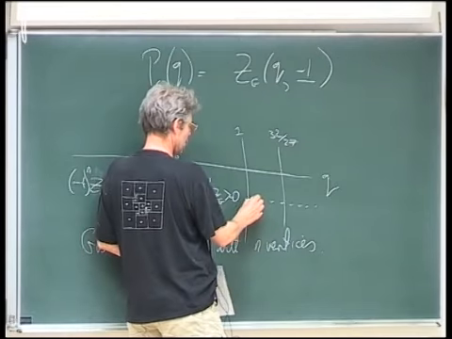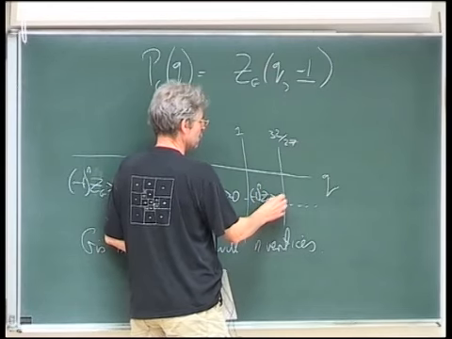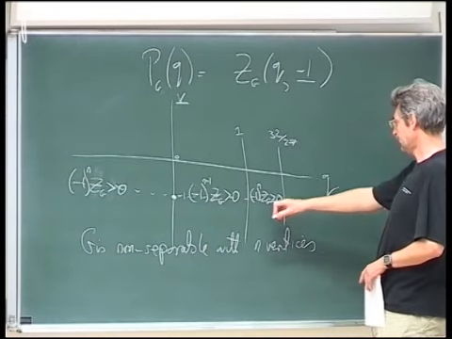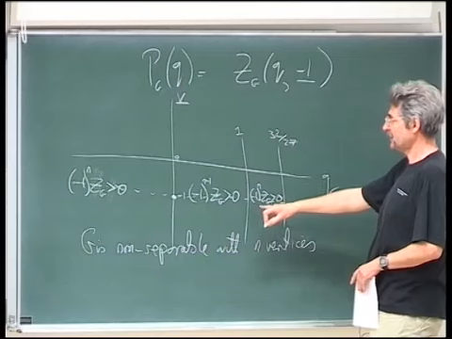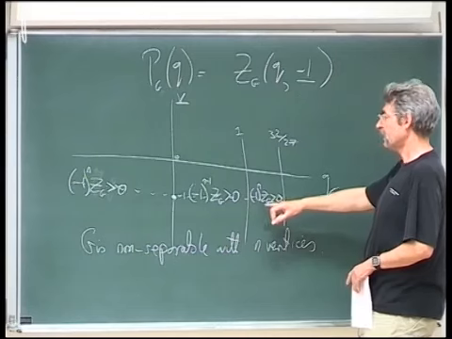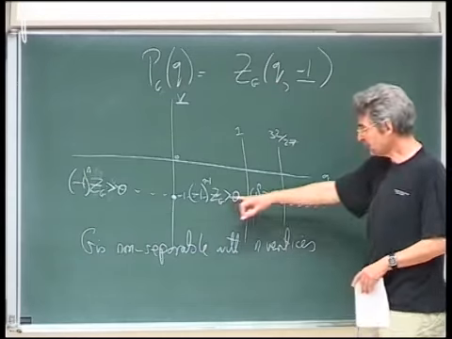And here we have minus 1 to the n times Z_J is greater than 0. Maybe it would have been clearer if I'd written P_J's instead of Z_J's, because that's what I mean. So by continuity, you would hope that you'd be able to move away from this line v equals minus 1.